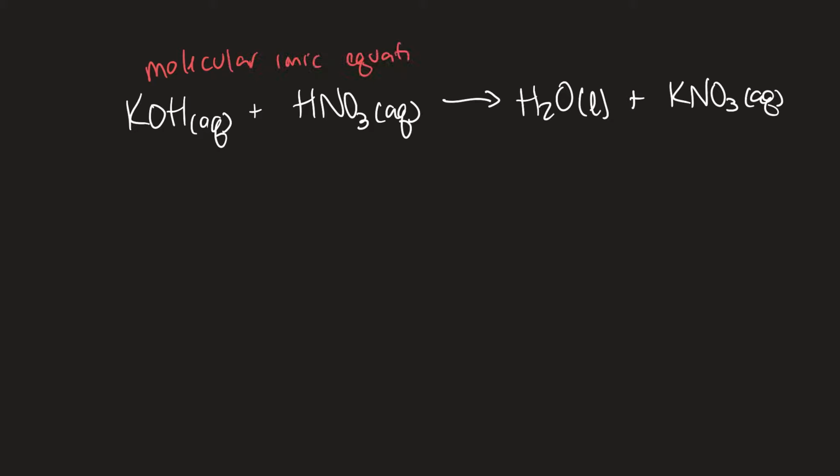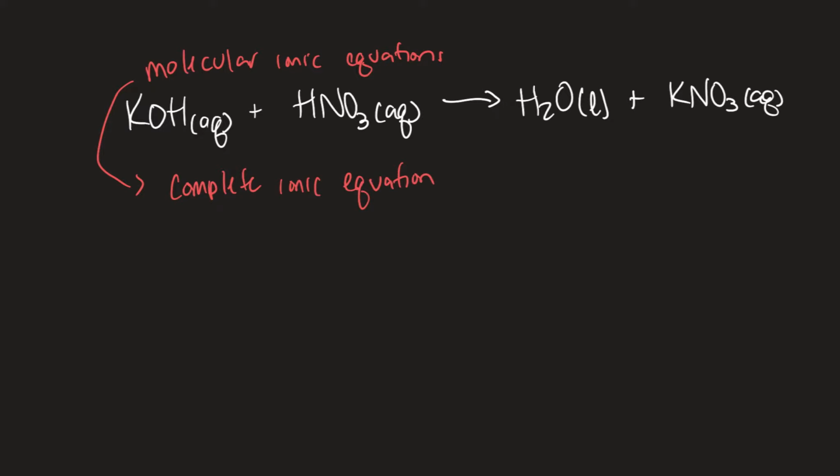Pretty much all the equations you've seen in the examples from past videos, especially when dealing with aqueous ionic solutions, have been molecular ionic equations. So how do we go from a molecular ionic equation to a complete ionic equation?